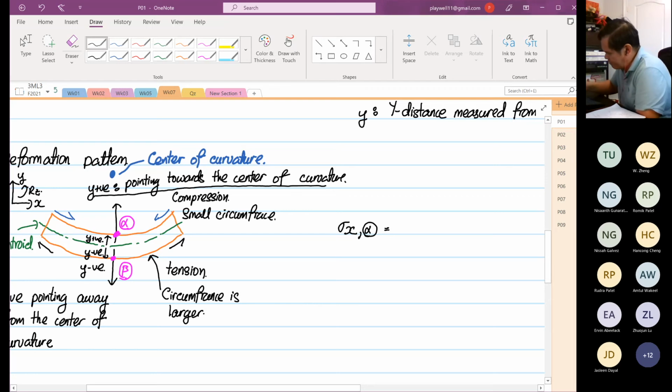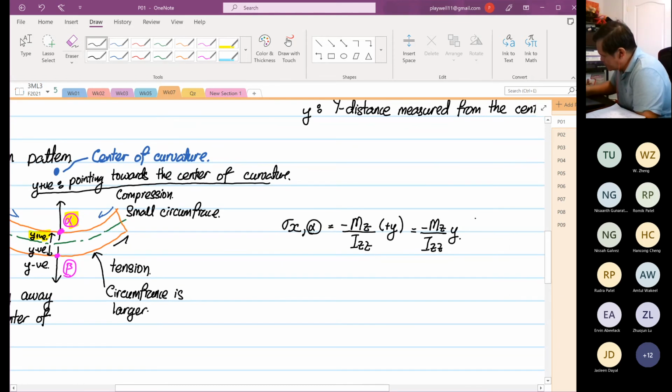If we apply the formula, we know that this has to be minus Mz over Izz, right? And when we look for point alpha, Y is what? Positive. So this is Y positive. So the formula is minus Mz over Izz multiplied by Y. The minus over here states that the stress is in what?